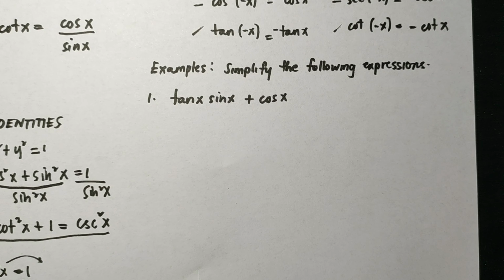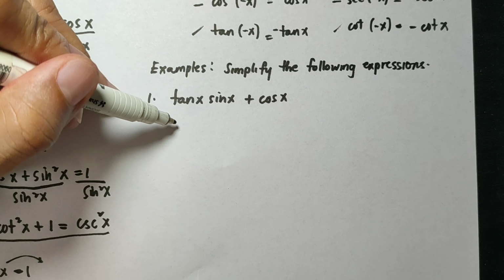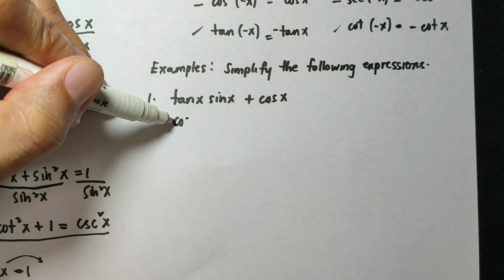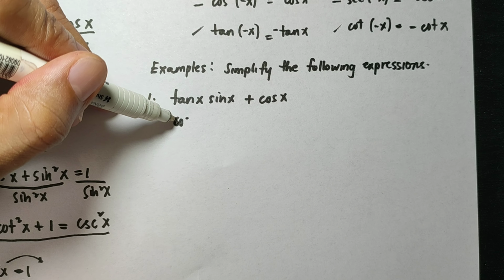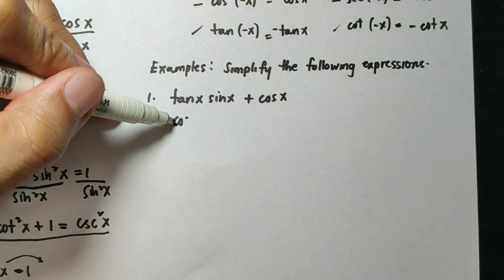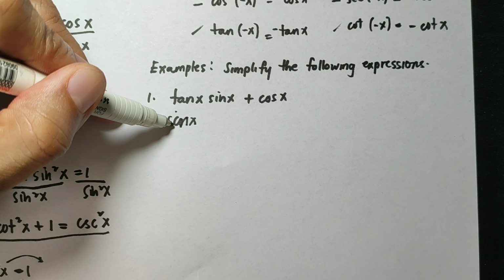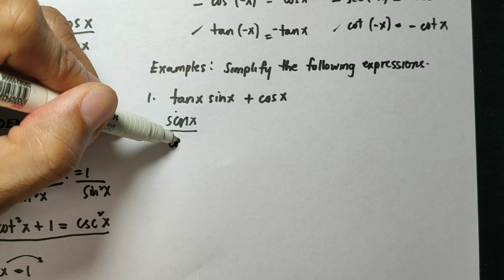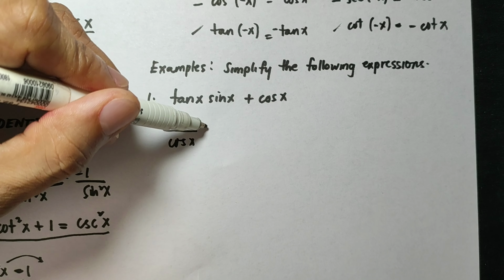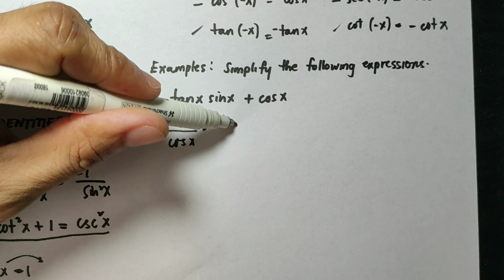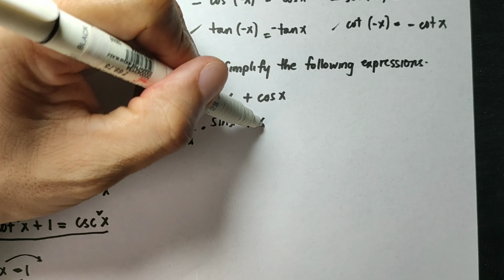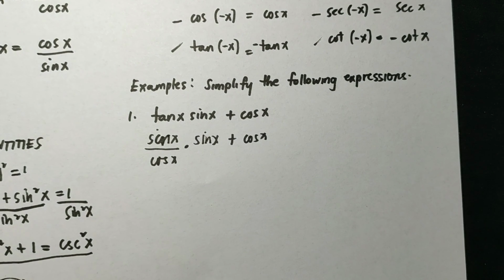So replacing the value of the tangent function, that will become sine x over cosine x, multiplied by sine x, plus cosine x.